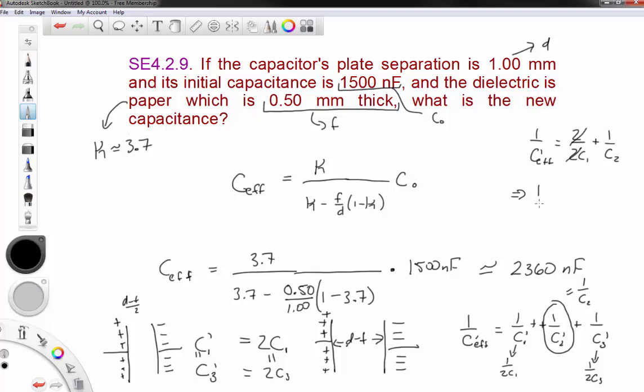And so that is 1 over C effective prime equals 1 over C1 plus 1 over C2, which is the same as just 1 over C effective. In other words, by moving the piece of paper to the middle of the capacitor, we don't actually affect the capacitance. So it doesn't matter if it's in the middle or whether it's touching an edge.